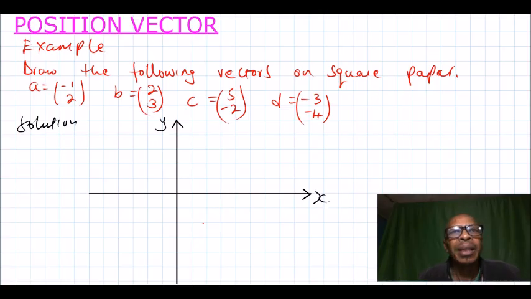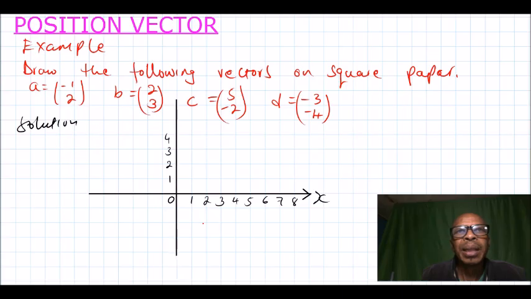So we say it is 0, 1, 2, 3, 4, 5, 6, 7, 8. We have 1, 2, 3, 4. Let's add here so that our points can fit.